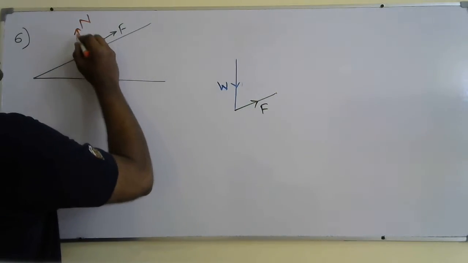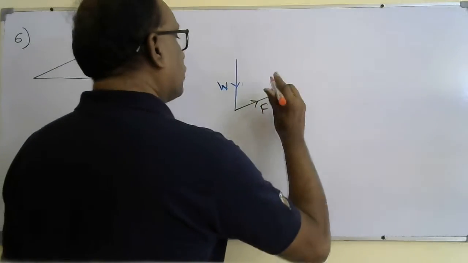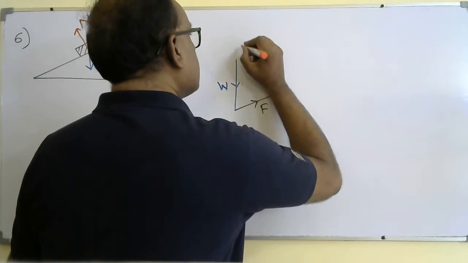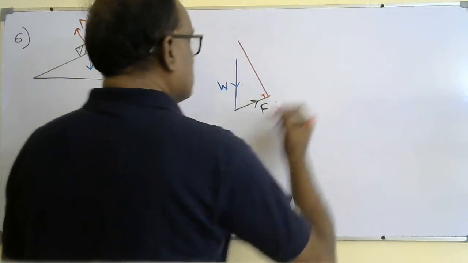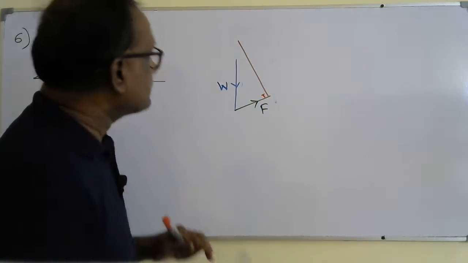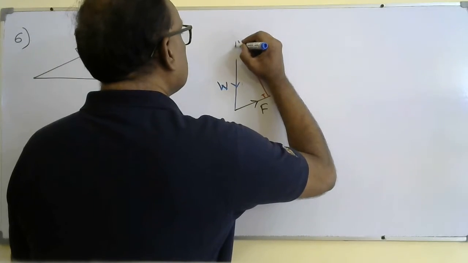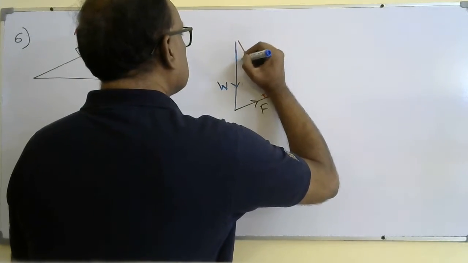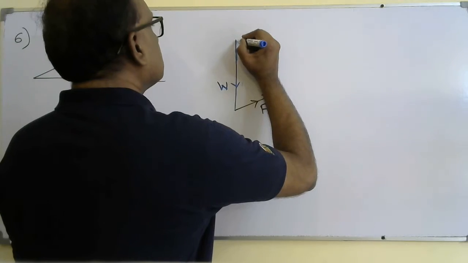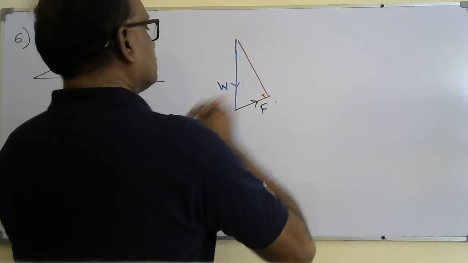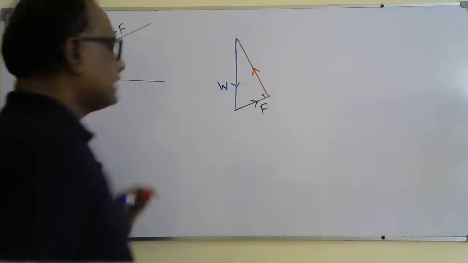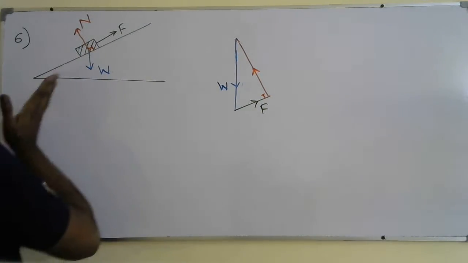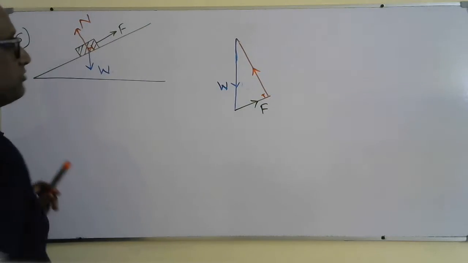You know this force and these are perpendicular, so I can draw a perpendicular line, something like this. I need to extend sometimes. So the weight should be something like this. The arrow should be this direction. So the arrows are exactly parallel to the actual forces.